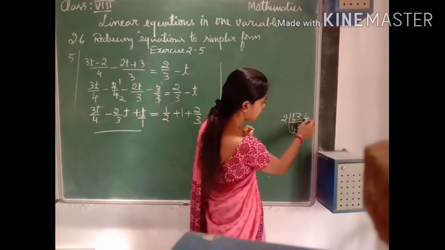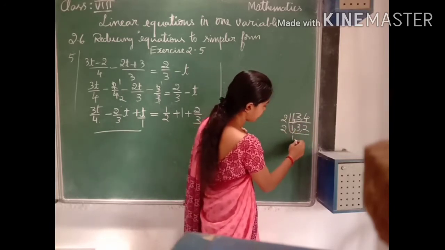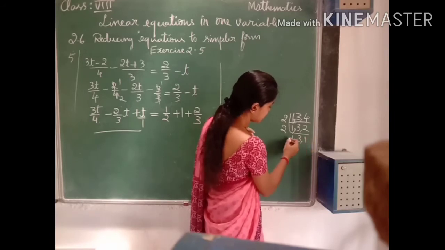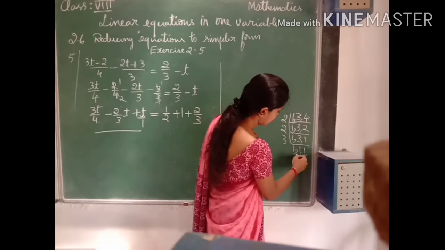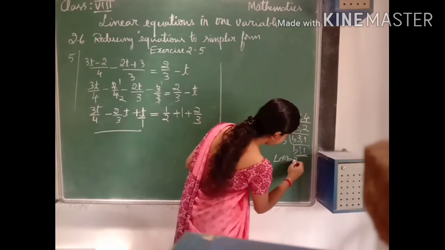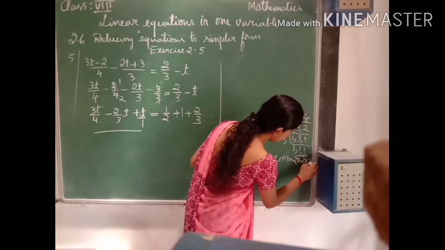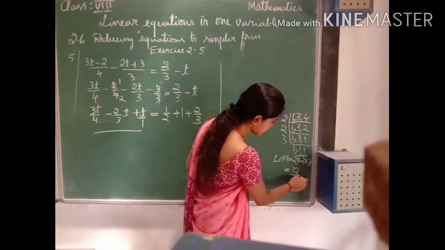Then 4 is divisible by 2, 2 2s are 4. Then 2 1s are 2. Then 3 is 3 1s are 3. Then the LCM is equal to 2 into 2 into 3, that is 2 2s are 4, 4 3s are 12. The LCM is 12 now.